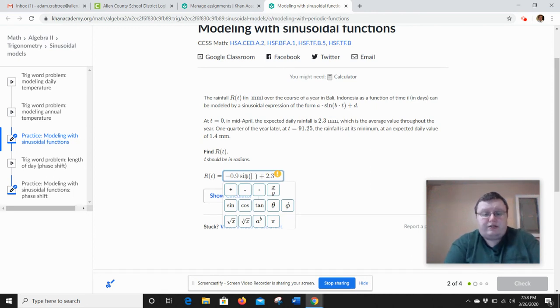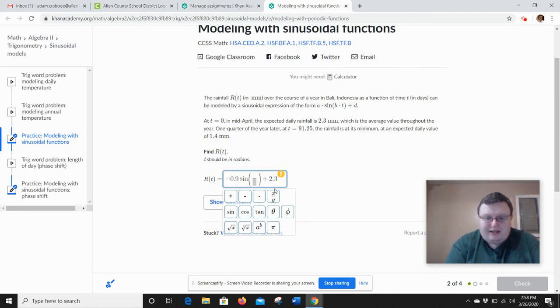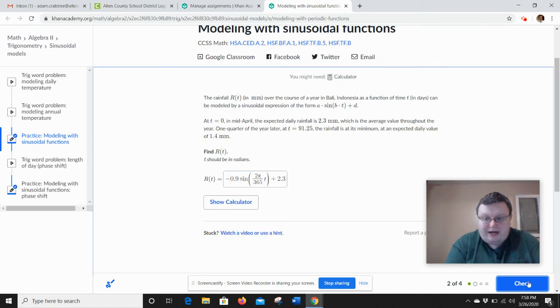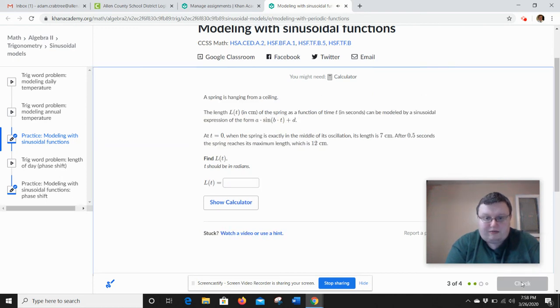And then you also want to figure out the 2 pi over b, which is going to equal 365, which gives me the same b value that we just had for that last example. So I get 2 pi divided by 365 t, and I'm going to check my answer, and I have the right answer.